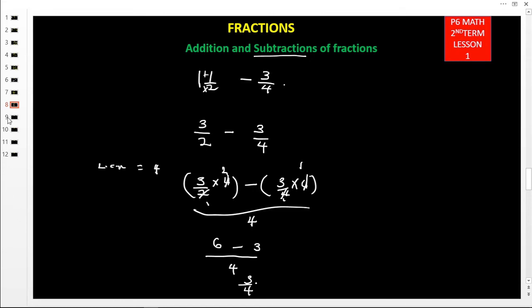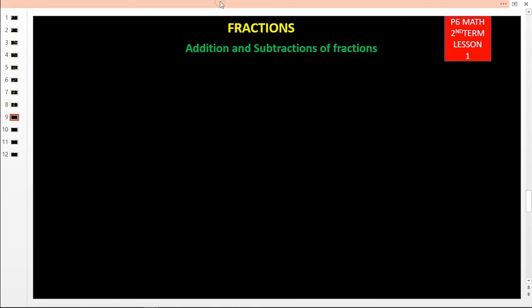Now let us look at another example under subtraction of fractions. So this is if we are given 5 wholes and 3/4, take away 2 whole numbers and a third.